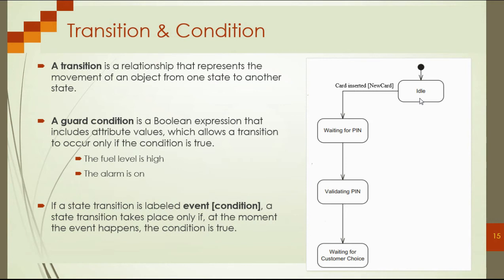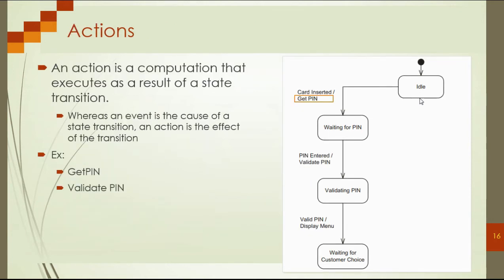The third is the action. So what's the action? The action is the computation that executes as a result of a state transition. For example, in this example, after the card is inserted, what should happen as an action from the system?